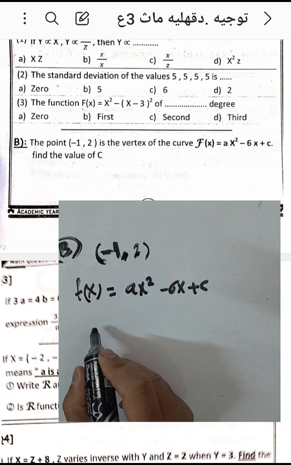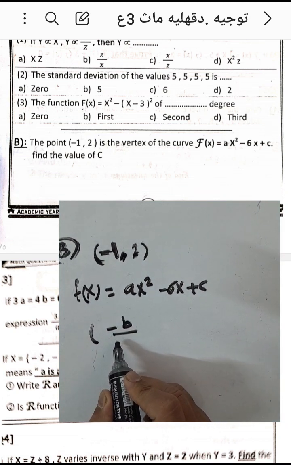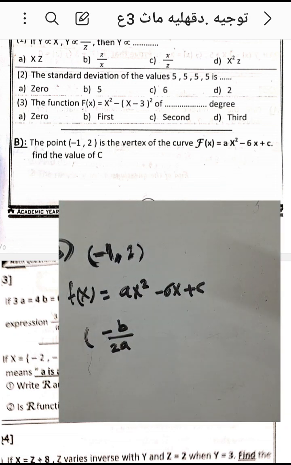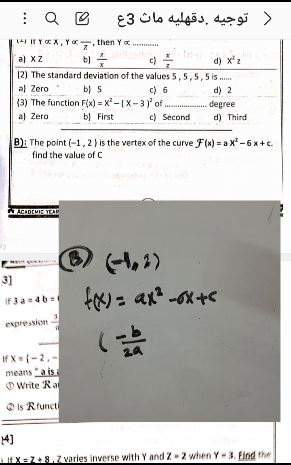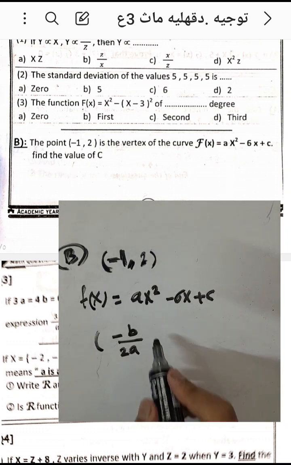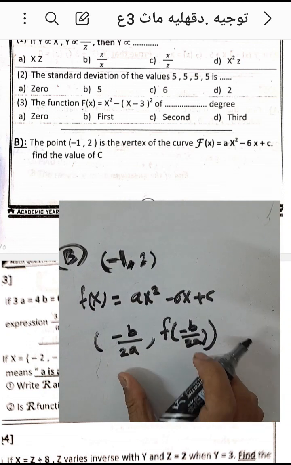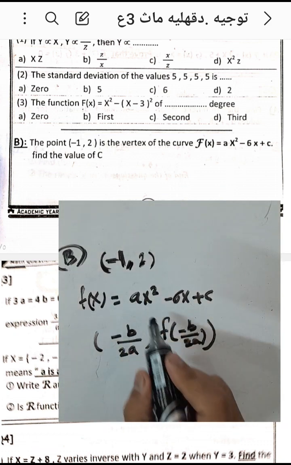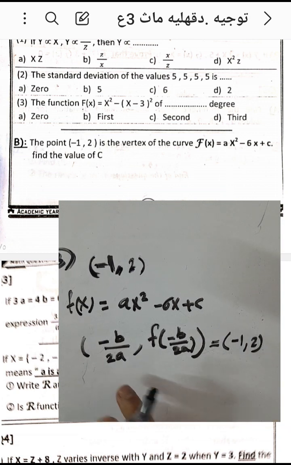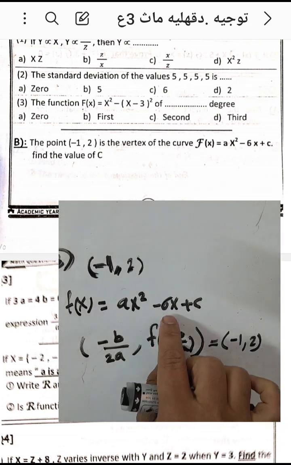We know the vertex will be negative b over 2a, and the function of negative b over 2a. It's the vertex. He gives us negative 1 and 2, then this ordered pair will be equal to negative 1 and 2. And then first will be first and second will be second. And we know b here equals negative 6.